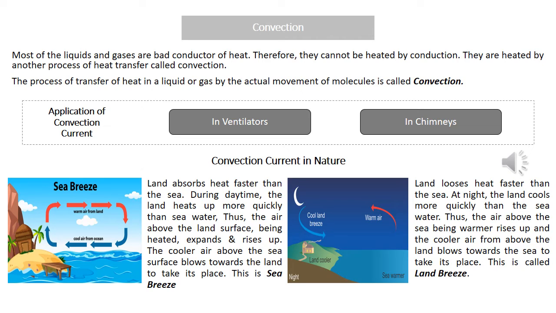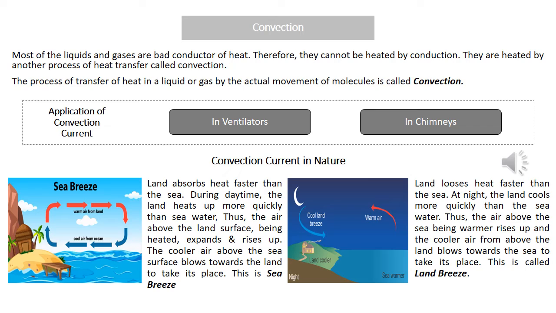So at night time, land cools more quickly, because it was getting heated earlier, so now it will cool early. Land cools more quickly than the sea water. So now where is cool air? Above the land, isn't it? Sea water is warm now comparative to land.